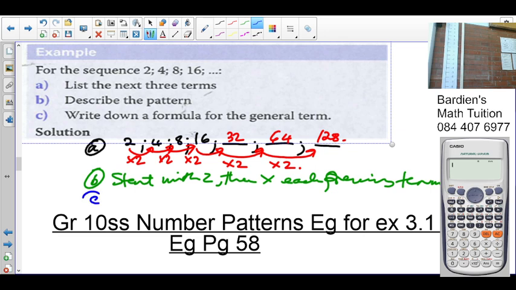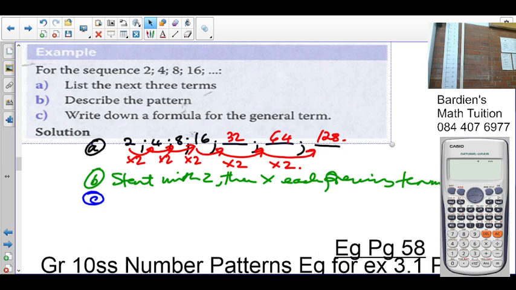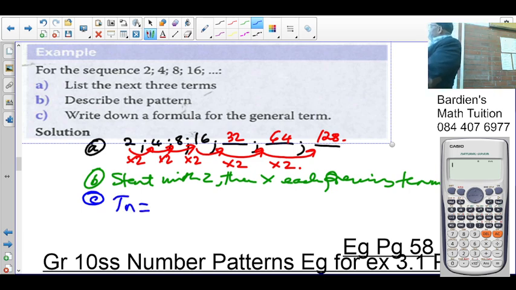Now, what would the general term be? Write down a formula for the general term. Tn, yes, good start. Two to the power n. Wow. Good.